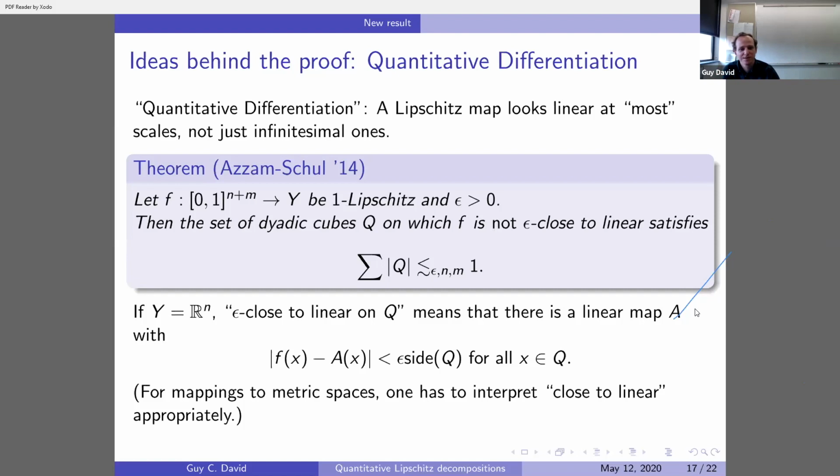But let me just say that there's a way to make this idea work even for mappings into metric spaces. So this is the result of David and Semmes. A Lipschitz map into a metric space looks linear on most cubes, and this is a very powerful idea, not just for this theorem, but in general.